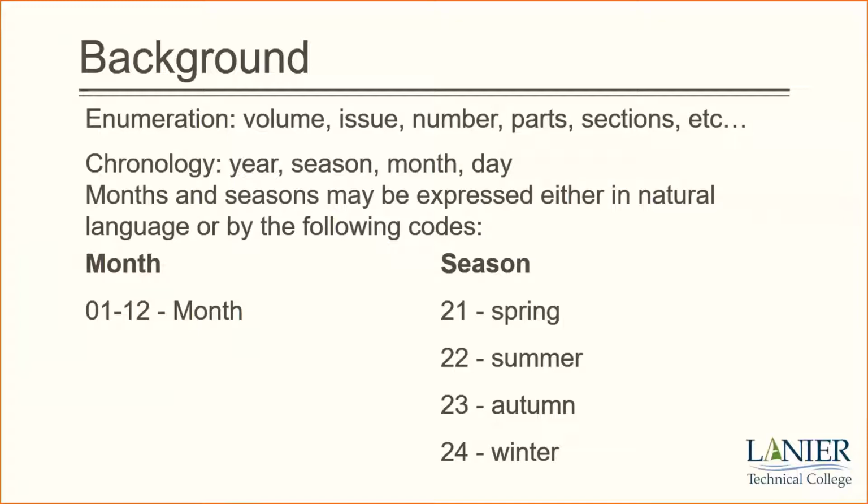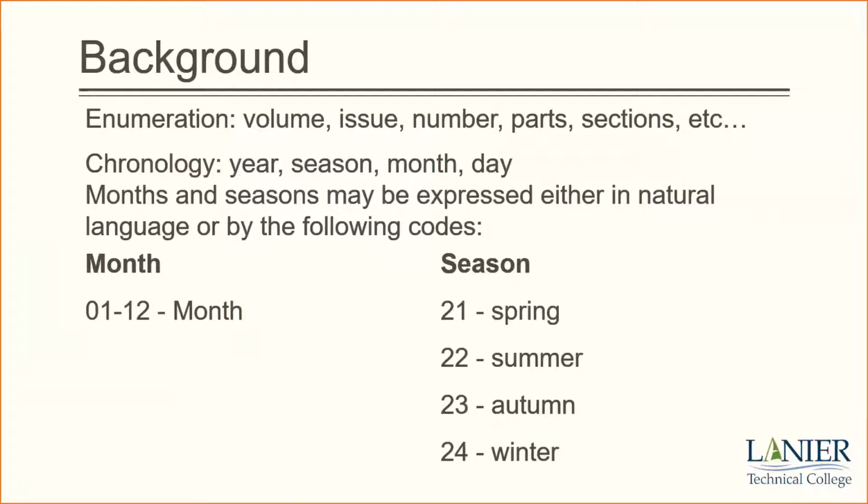And you can either do the years and the months, I'm sorry, and the seasons. They can be either written in natural words like January, February, March, or you can do 2-digit codes for the months and then the seasons. So January would be 01, February would be 02, but then spring would be 21, summer would be 22, autumn 23, winter 24.